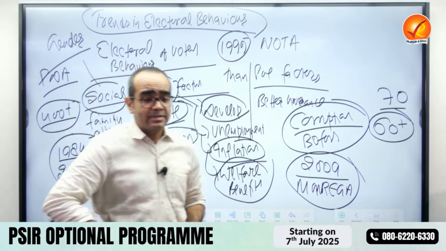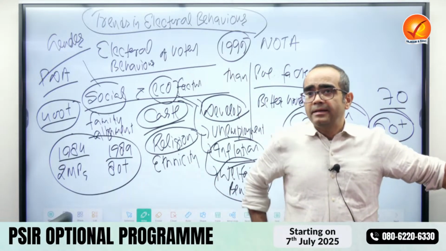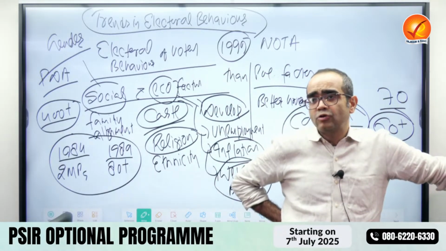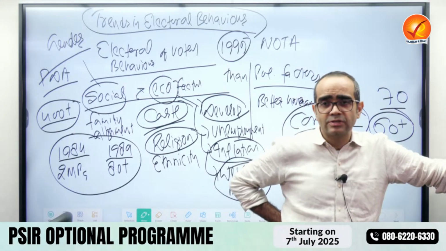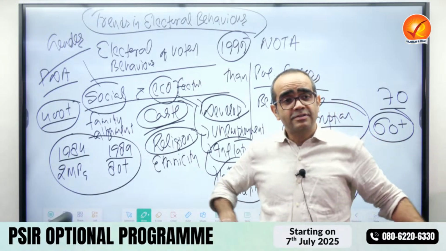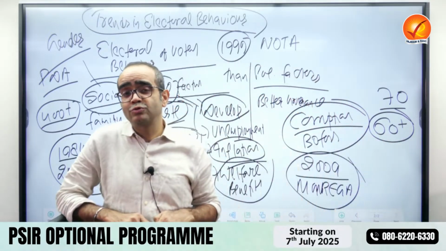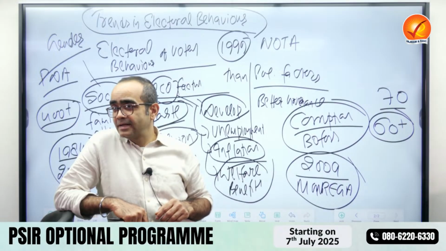So development, if you see, one of the impressions was that the Modi government carried out a lot of infrastructure development. The same was with the Congress party in 2009. Nitish Kumar is called Sushashan Babu, the good governance person.